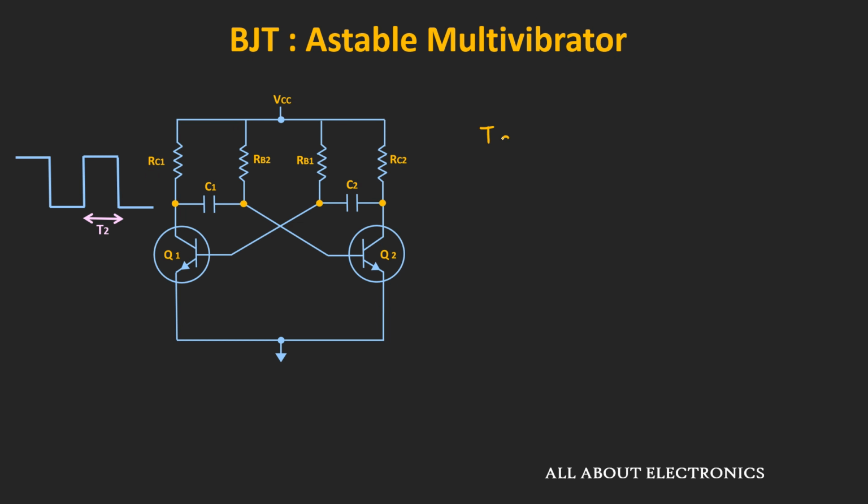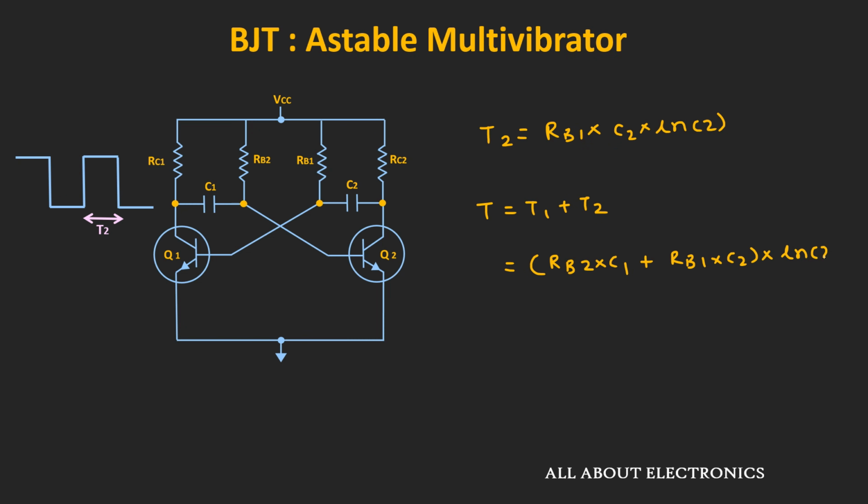Similarly, this time t2 can be given as RB1 times C2 times natural log of 2. So the total time period T is equal to t1 plus t2, which is equal to RB2 times C1 plus RB1 times C2 times natural log of 2.